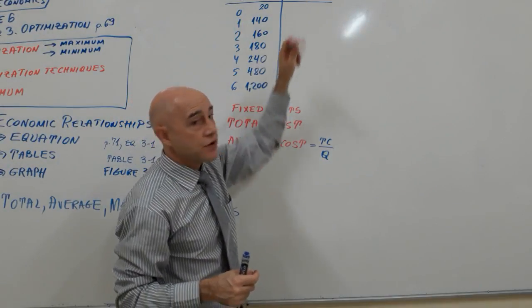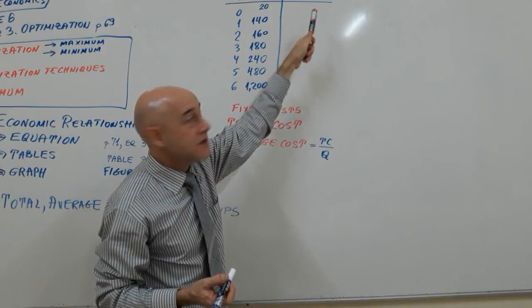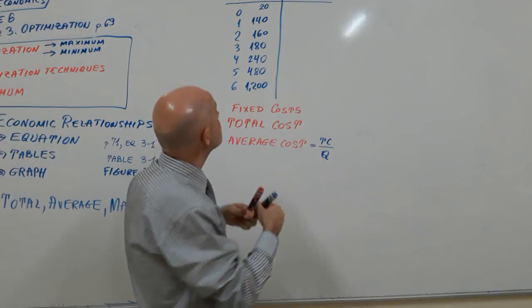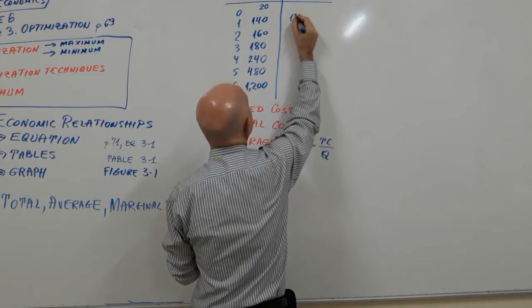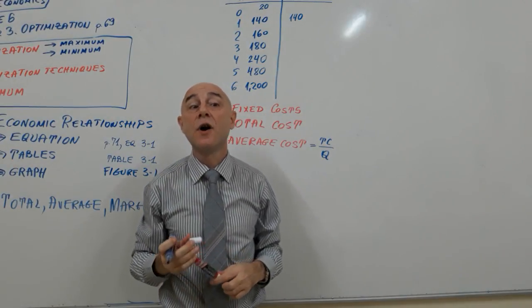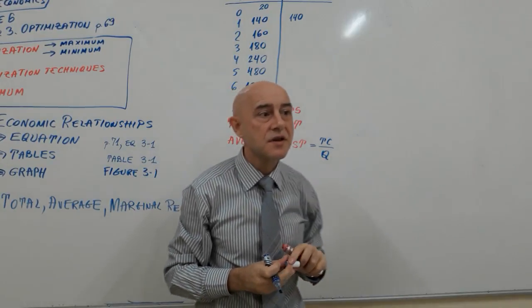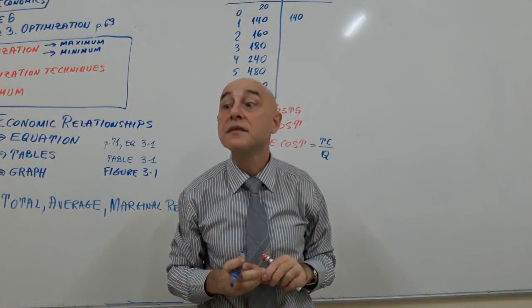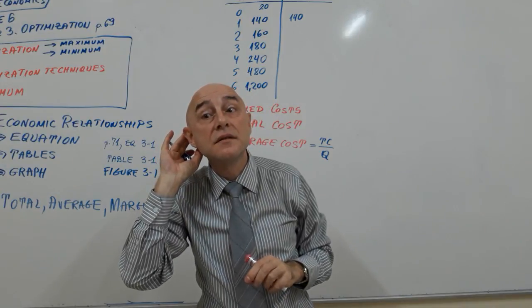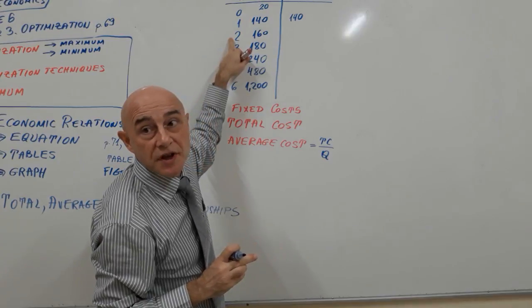So, what's the average cost? Well, here it's kind of like no real average cost. But here, the average cost is 140. So, the average cost here falls a little bit. Next, what's the average cost? It's the total cost divided by the quantity.